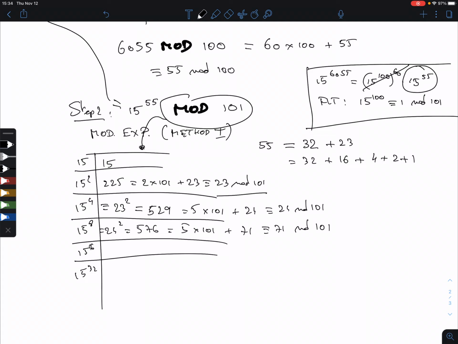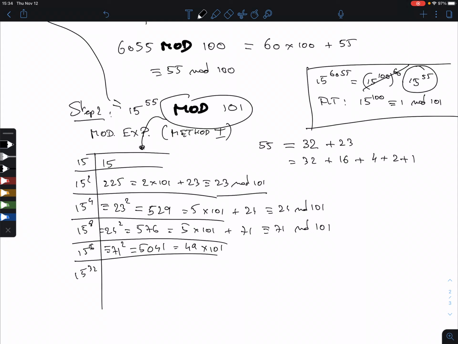Okay, then we square 71. So this is 71 squared, which is 5,041. Divide that by 101, that is 49 times. So this is 49 times 101, which is 4949.